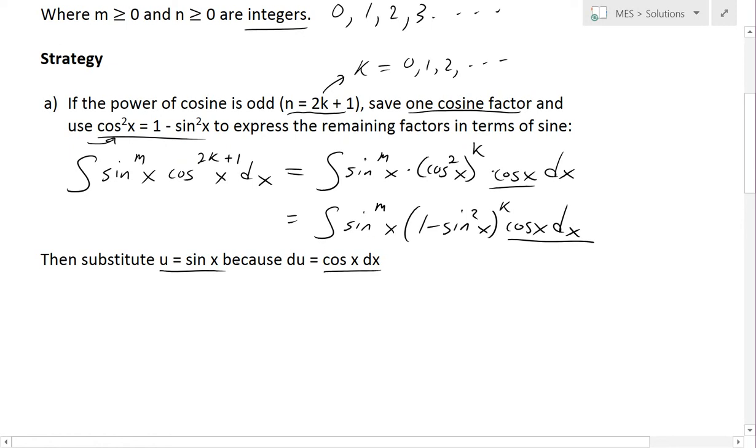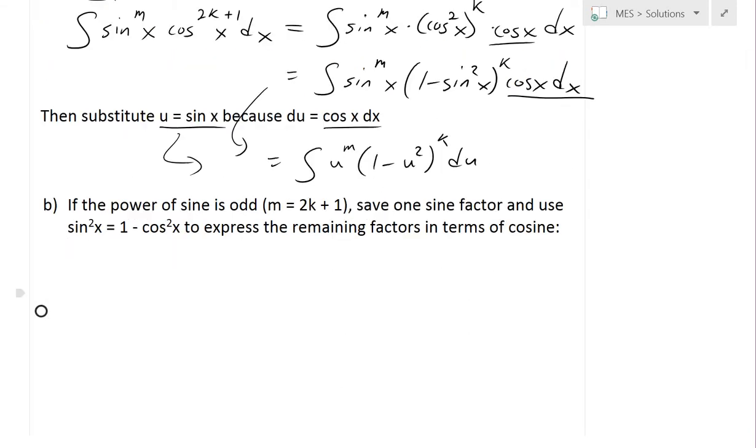So we get the integral of u to the m times 1 minus u squared to the power of k, du. Actually no, the x is gone. Then we expand this out and solve the integral, and then plug the sine back in. That's pretty straightforward.